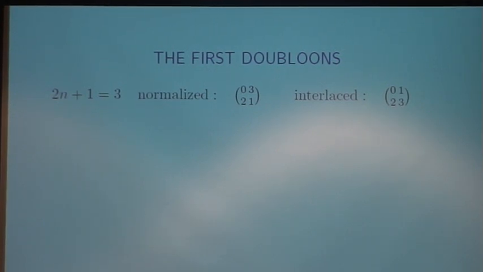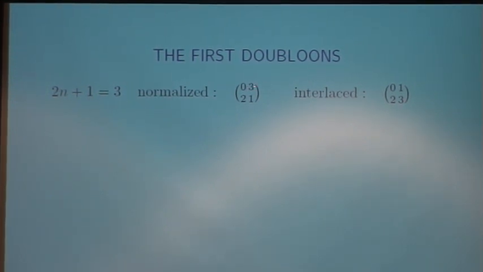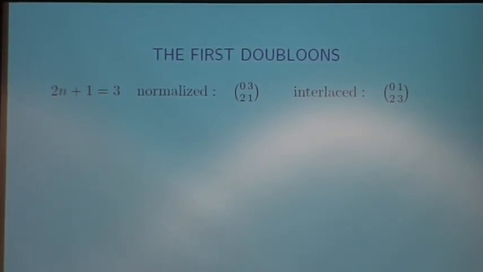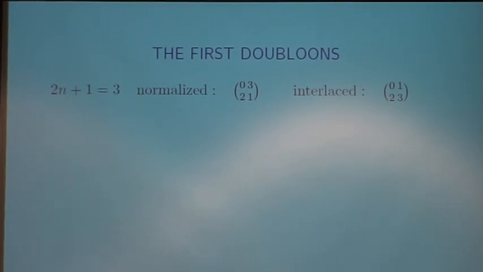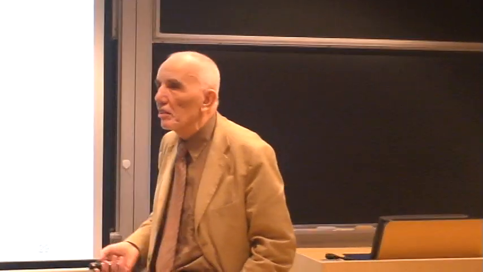There is only one possibility. And for the second one, you just apply phi 1, and it is interlaced. So for n equal 1, there's one normalized, one interlaced. With this we can do the exercise.